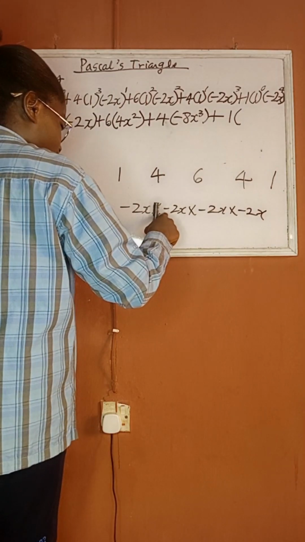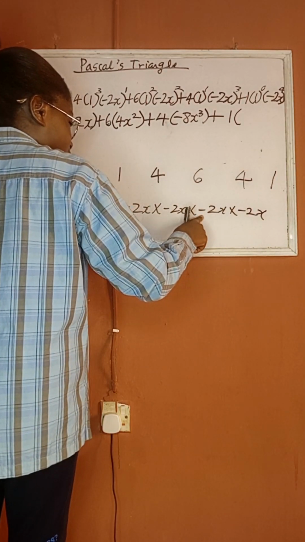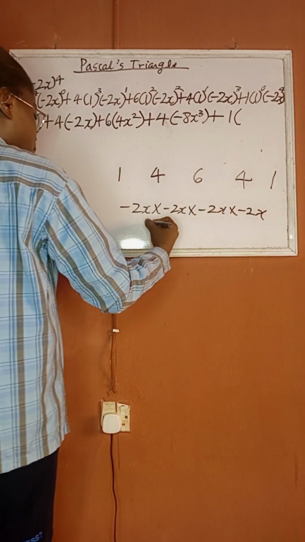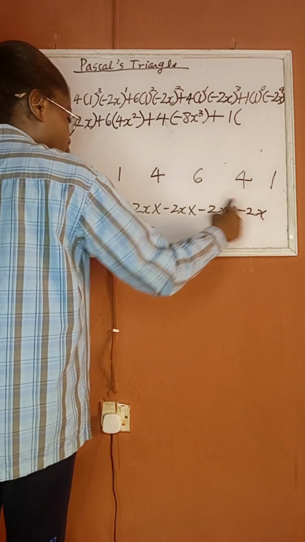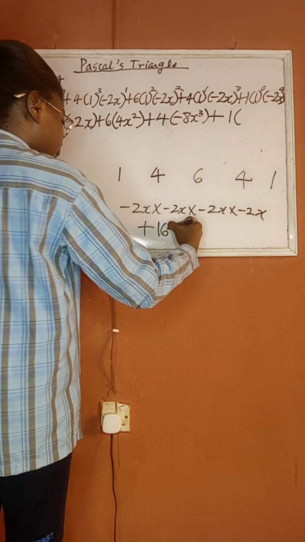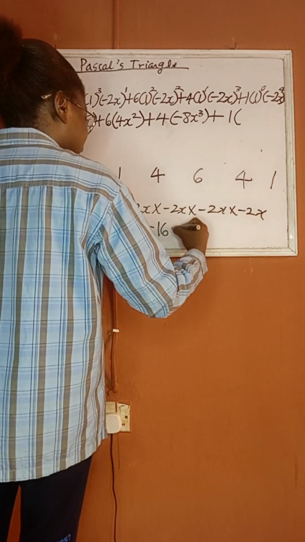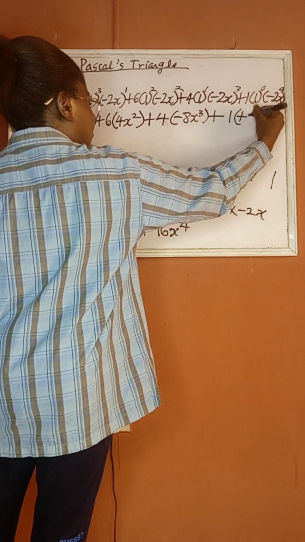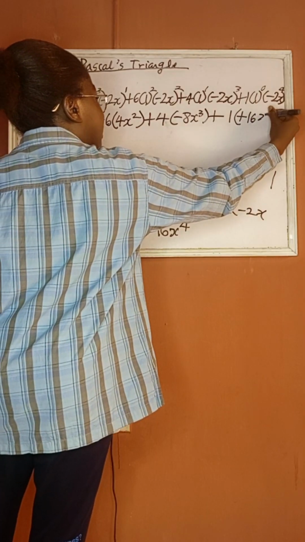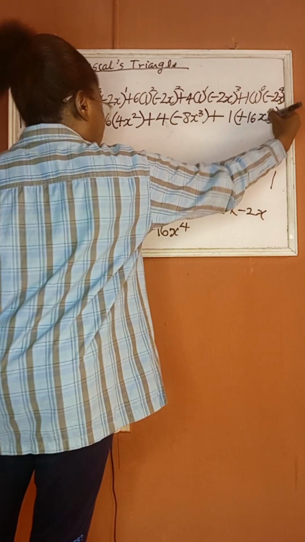Minus times minus is plus. Plus times minus is minus. Minus times minus is plus. So you put down the plus. 2 times 2 times 2 is 8, times 2 is 16. x times x times x times x is x raised to the power of 4. So that's what we put. Plus 16x raised to the power of 4.